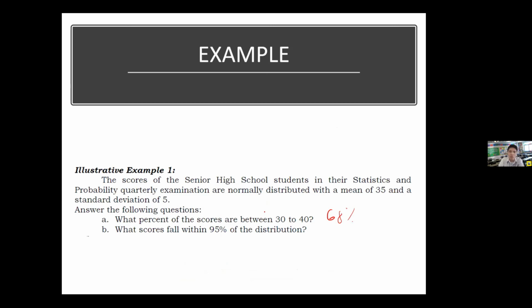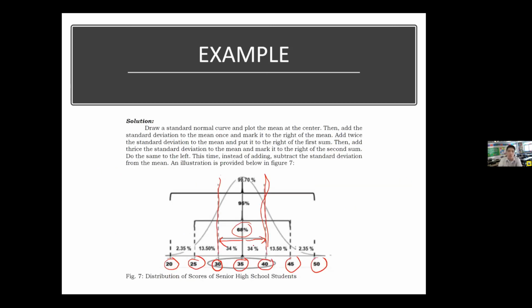Second question is, what scores fall between 95% of the distribution? So ang 95% is two standard deviation. So meaning, hanto dere, padulong dere. So ang naa-dere nga part is kanisi 25 to 45.